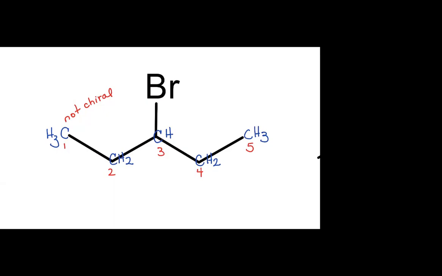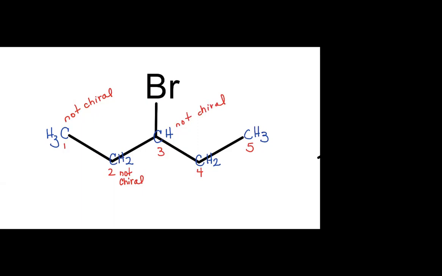So because it has 2 that are the same, this carbon is not chiral. Carbon number 3 is attached to hydrogen, to bromine, to the left side of the molecule, which is a CH2CH3, and the right side of the molecule, which is also a CH2CH3. So carbon number 3 is also not chiral.